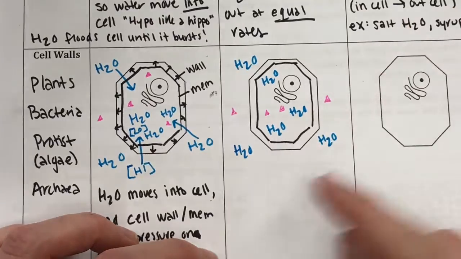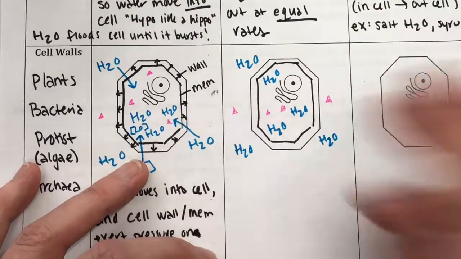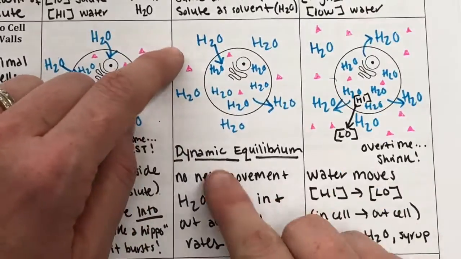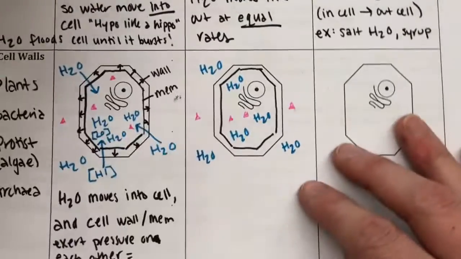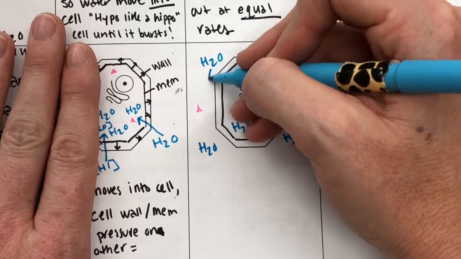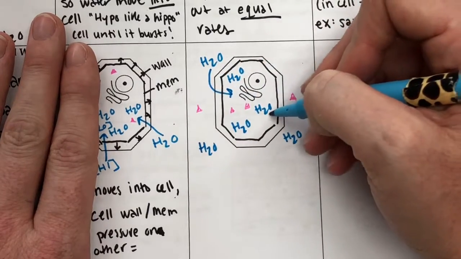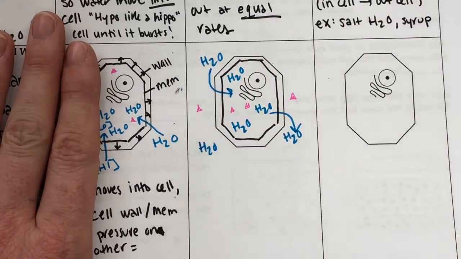And again, iso means the same, means equal, so there's equal amount. So just like before, we're at dynamic equilibrium, same amount of water in as is going out. So it's going to go in and out at the same rate.